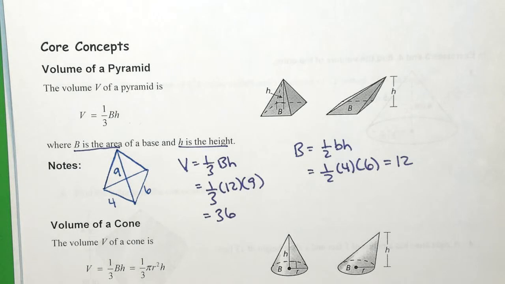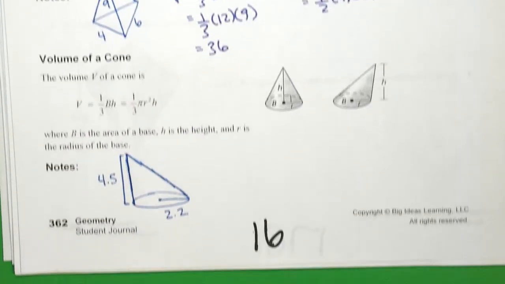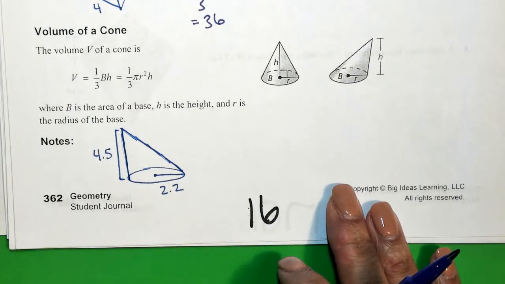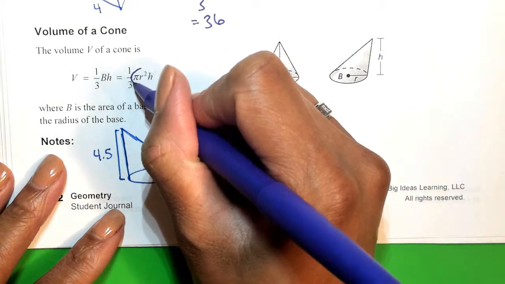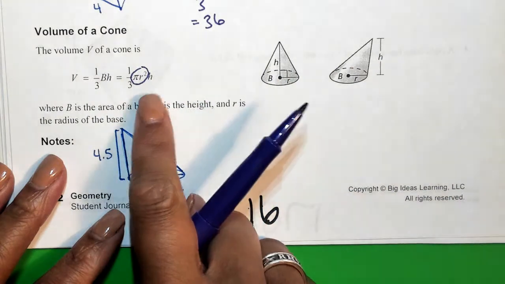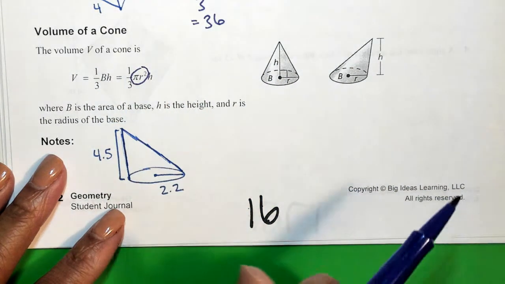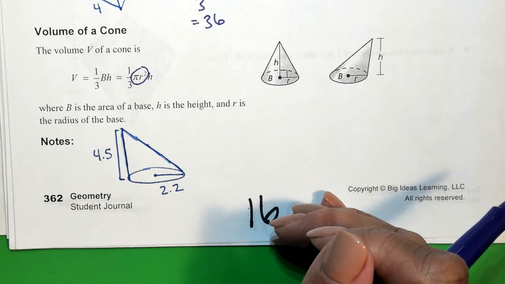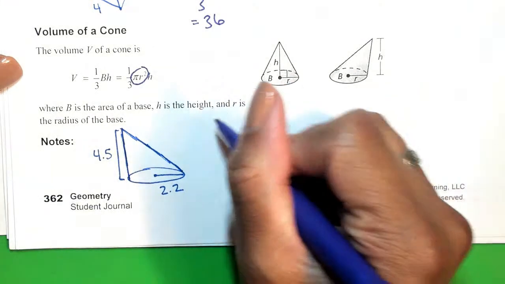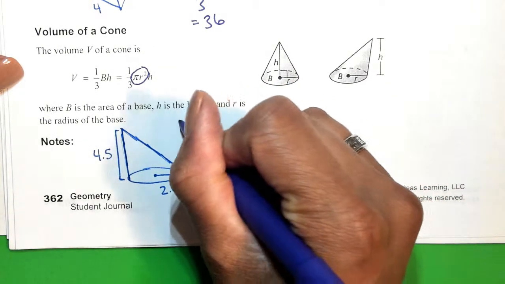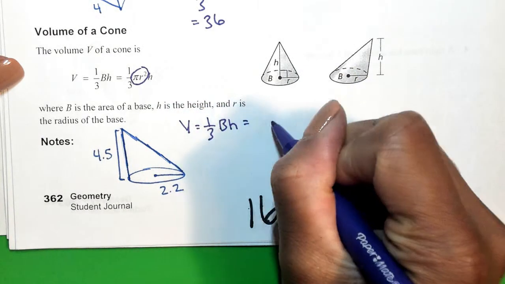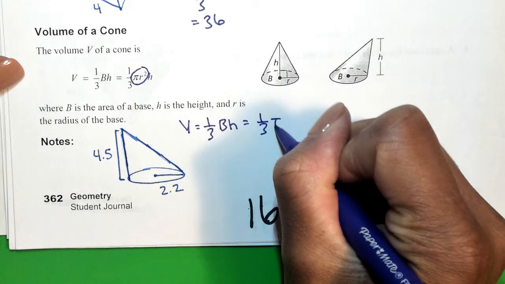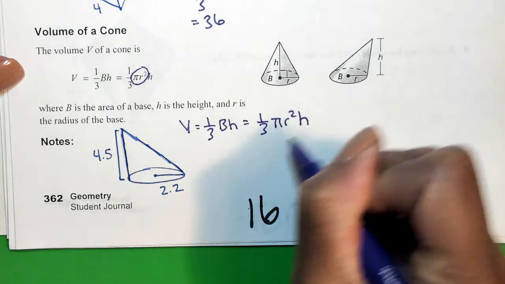Now for the volume of a cone, we have 1/3 the base times the height. So same concept, except the area is already given to you. Because a cone has a circle, we are using the area of a circle. So for this example, we have a slanted cone, and we have 1/3 its big base times the little height, or 1/3 pi r squared times the height.